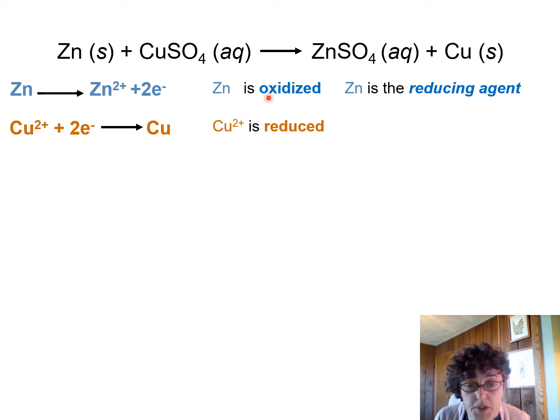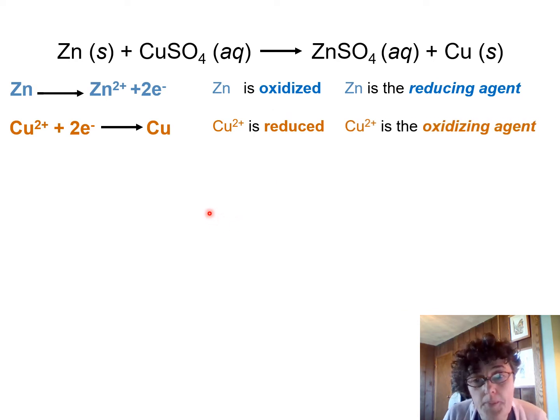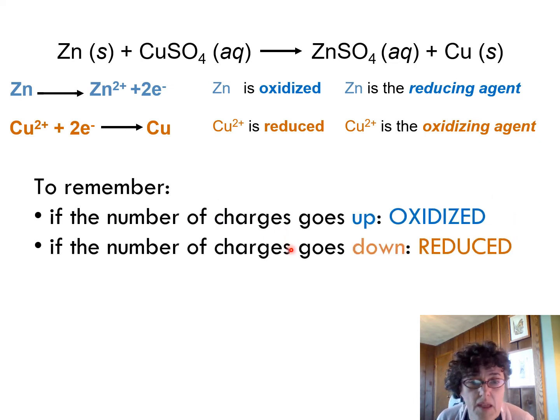Copper is reduced because of the presence of zinc. So zinc is the reducing agent, but zinc itself is oxidized. That gets a little bit confusing in terms of wording sometimes. Consequently, copper is the oxidizing agent because it is the reason why zinc gets oxidized. So it's like one is the victim because the other one is the culprit.